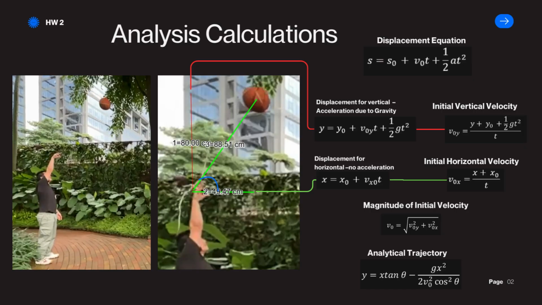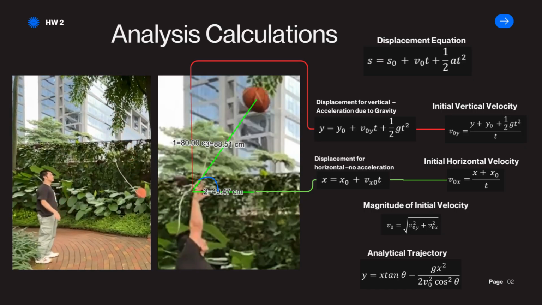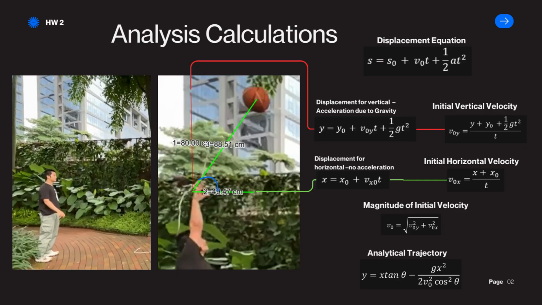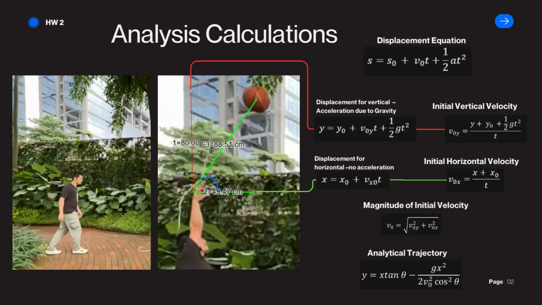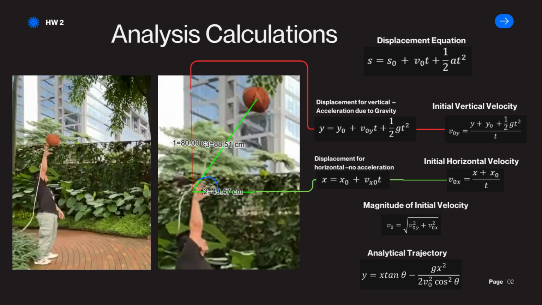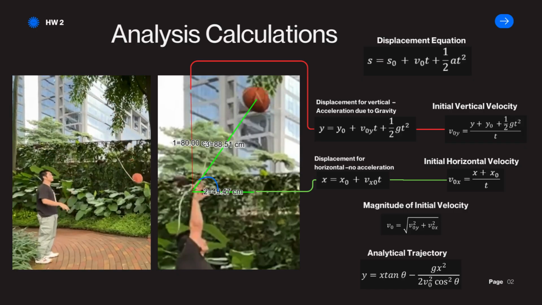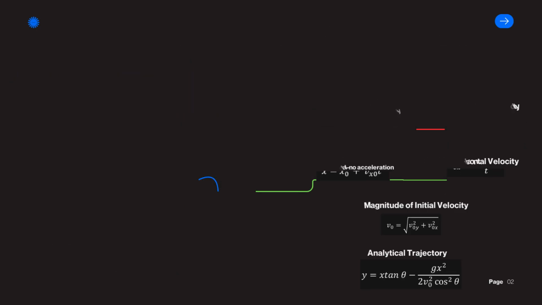Also, rearranging from the previous equations, we can get the analytical trajectory, which we can then plot to get a curve that we use to analyze and predict the direction, movement, and final position of the ball after it has been thrown. We will then use this analytical trajectory equation to cross-examine the trajectory of the ball to see how well it matches up.